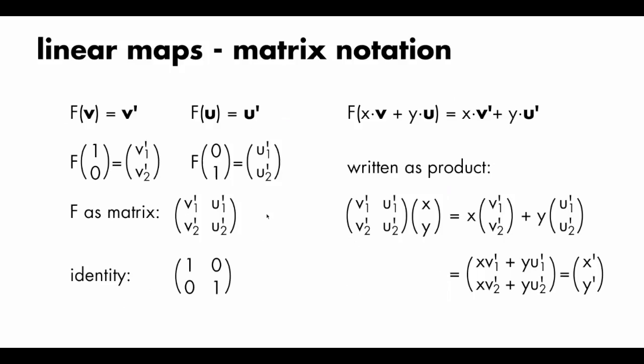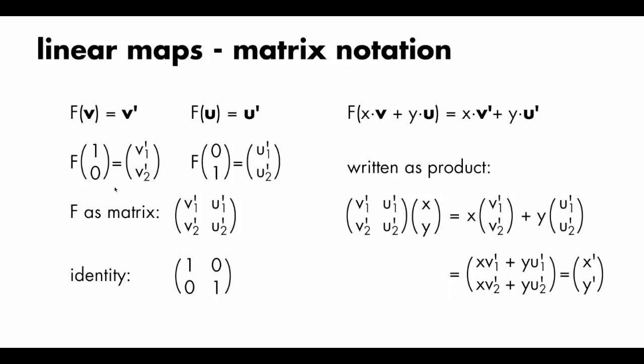And now we go to matrix notation. It turns out that these linear maps are so simple, they're also really economical to write down as just numbers, and we call that a matrix. So remember, we have our basis vectors v and u, and they map to some other vectors.